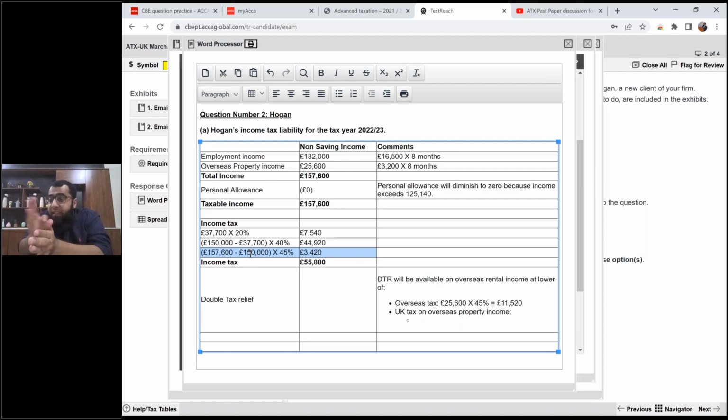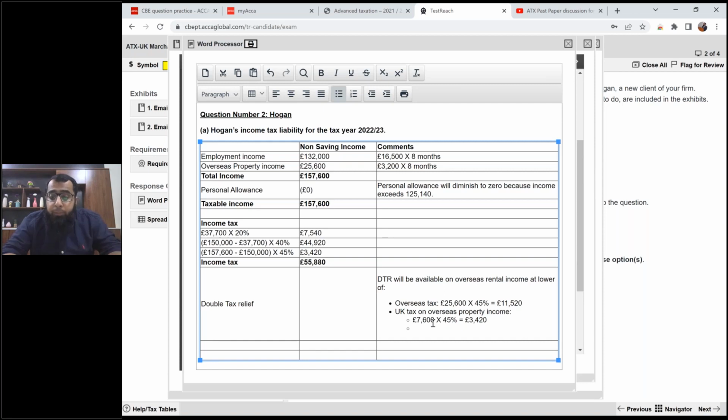If you remember the rule of double taxation relief in individual overseas, you should remember that in UK, we tax overseas income at the last slice, at the maximum rate, so that the DTR gets maximized. On 7,600, the tax is 45%, which is 3,420 pounds.